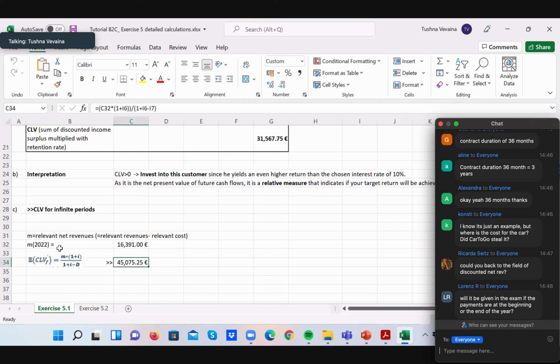I calculated my M for 2022, revenues minus cost, and then used the formula, multiplying this figure by 1.1 and dividing by 1.1 minus 0.7. That's how you calculate CLV for infinite periods.